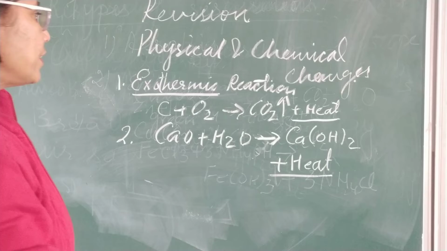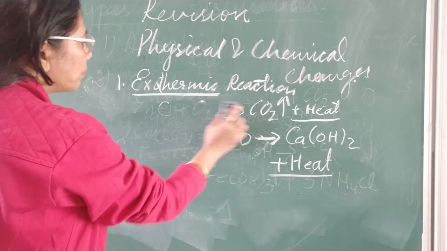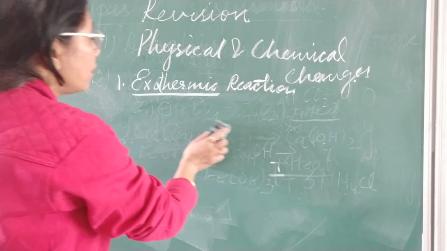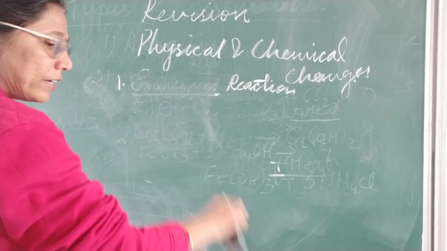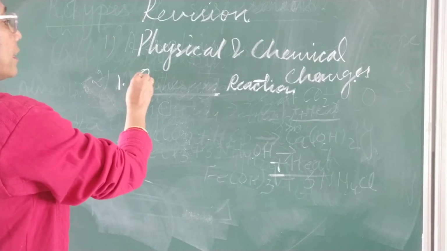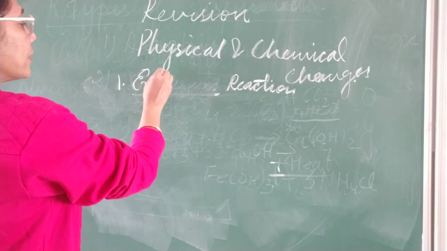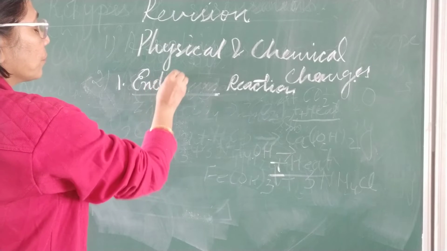Now, second type of reaction is endothermic. In this, heat is required for the reaction. We heat, then the chemical reaction takes place.